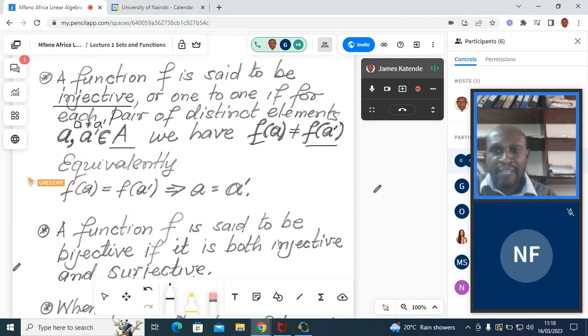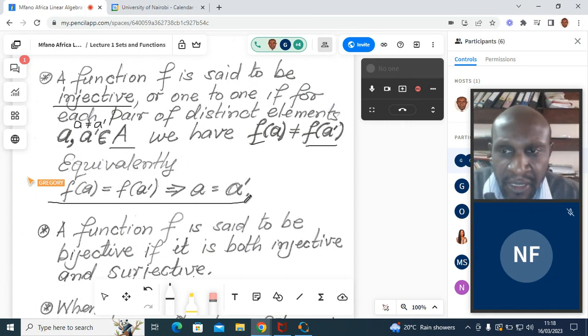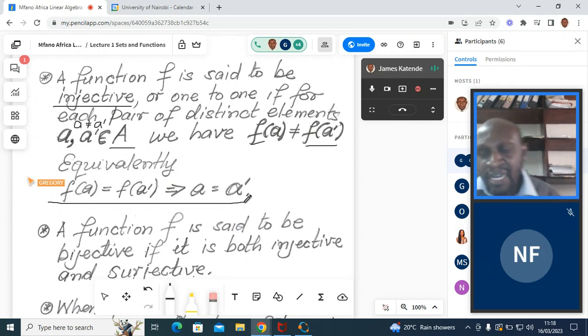So we could also state it as a contrapositive. We will not cover logic, but if you have a statement, the contrapositive of that statement turns out to be logically equivalent. What we have here is the contrapositive of the first definition.